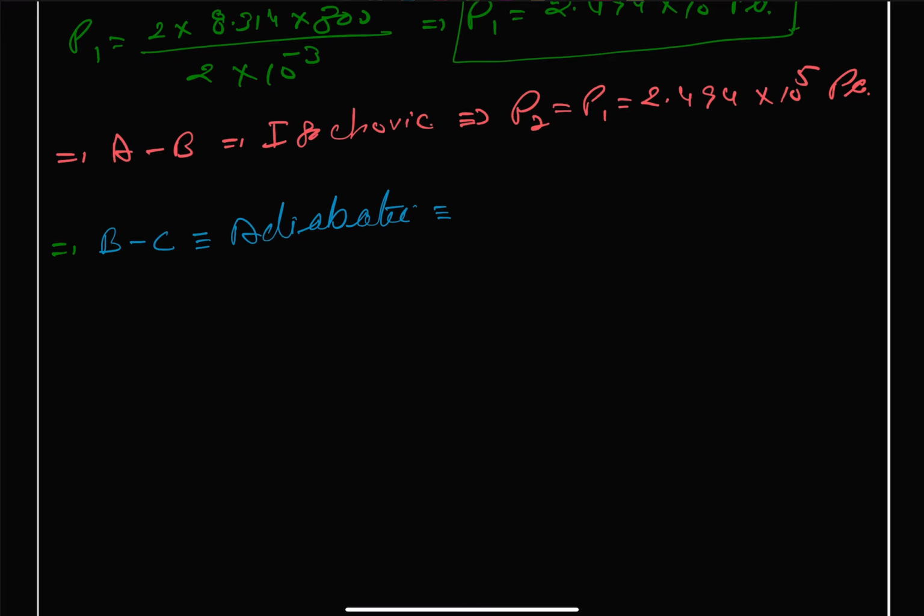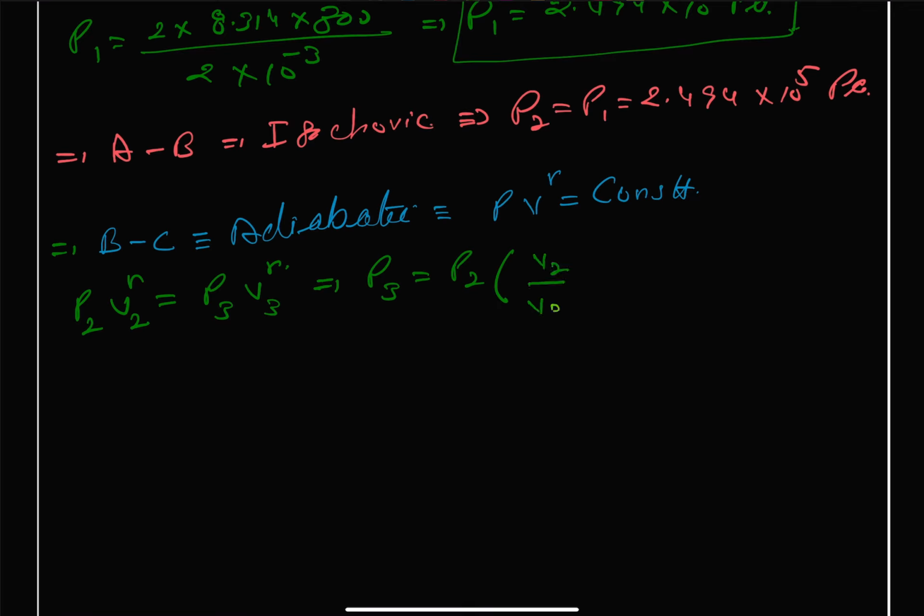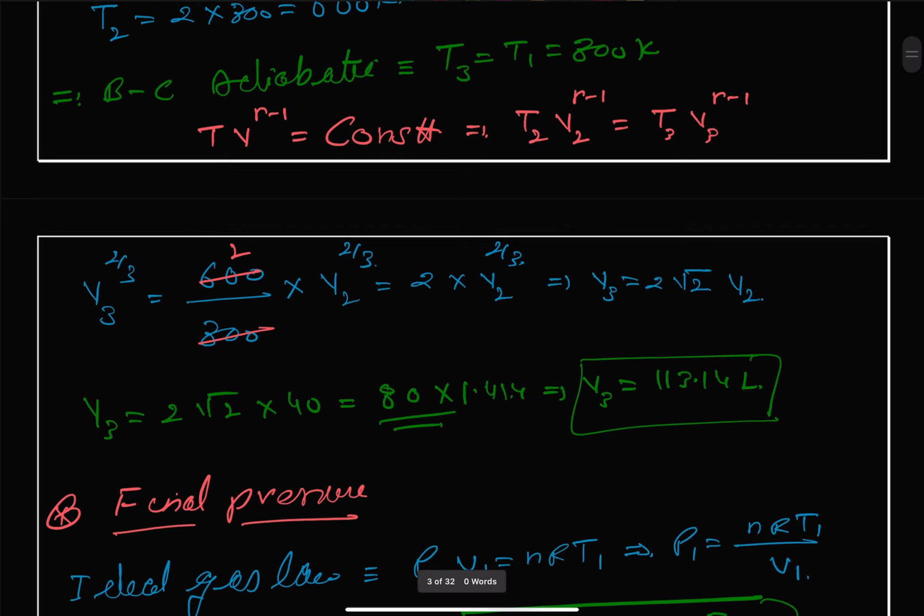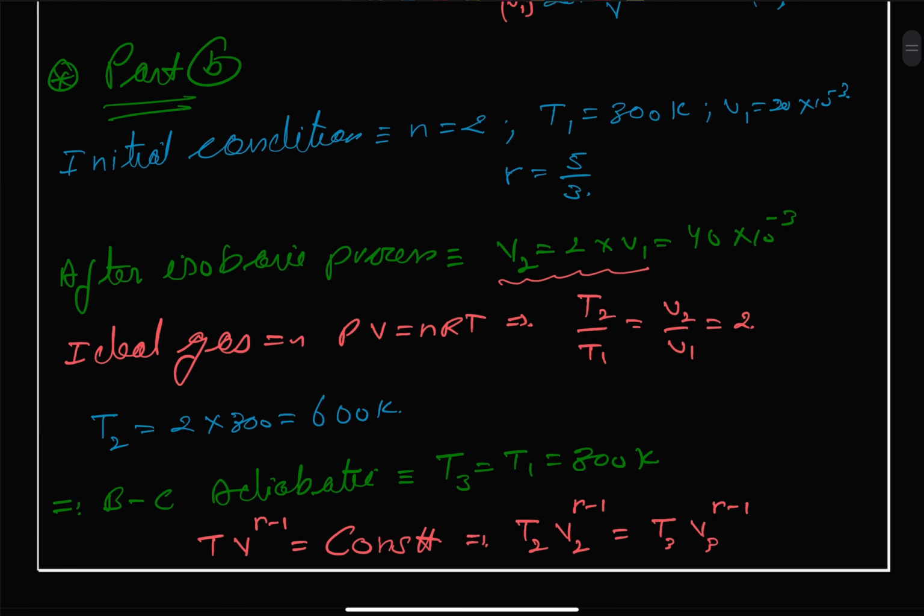And for adiabatic we know that PV raised to power gamma is equal to constant, so we can say that P2 V2^gamma is equal to P3 V3^gamma, and we are required to find P3, therefore P3 is equal to P2 times V2 upon V3 whole raised to power gamma.